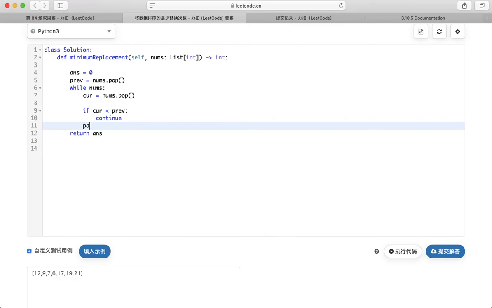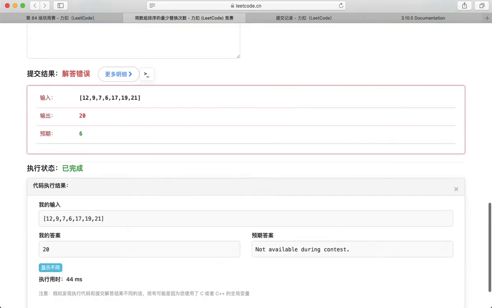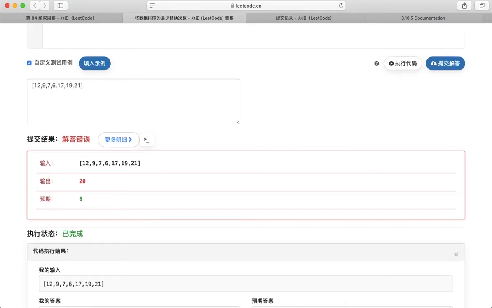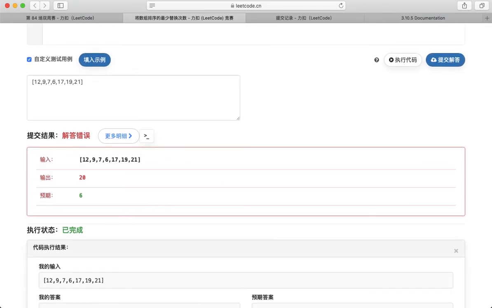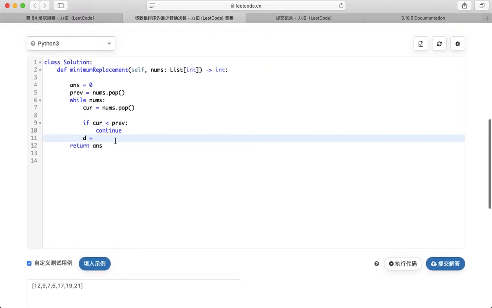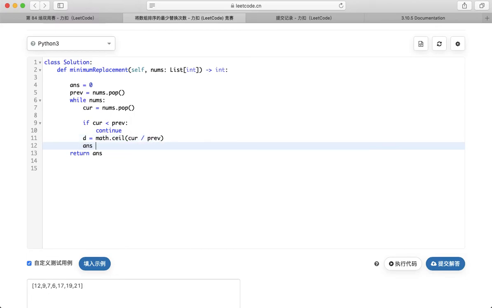So how do I call it? It's the number of divisions we need to do such that it's smaller than. So it's like round it up.